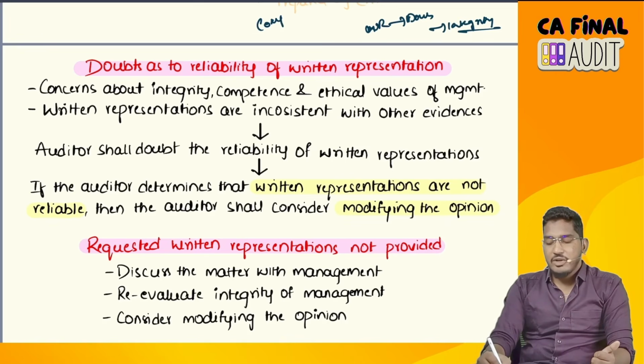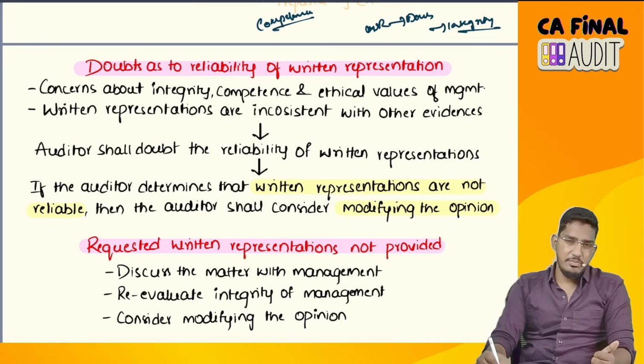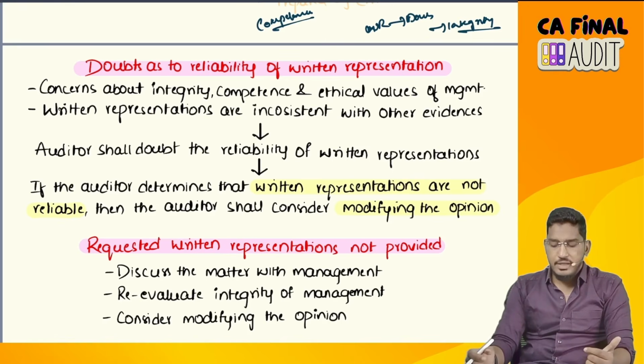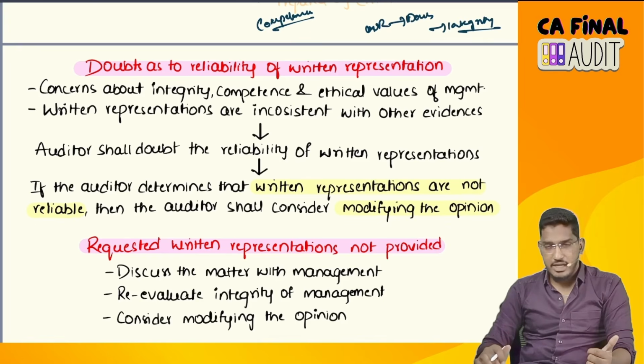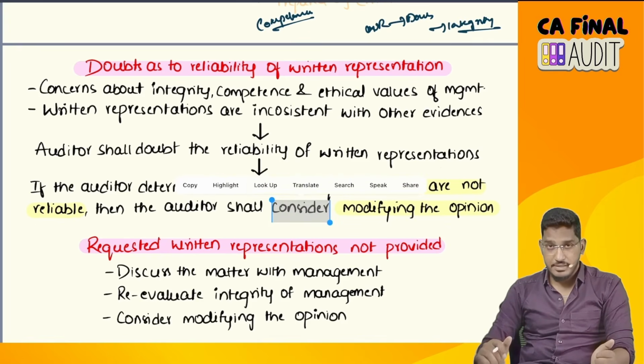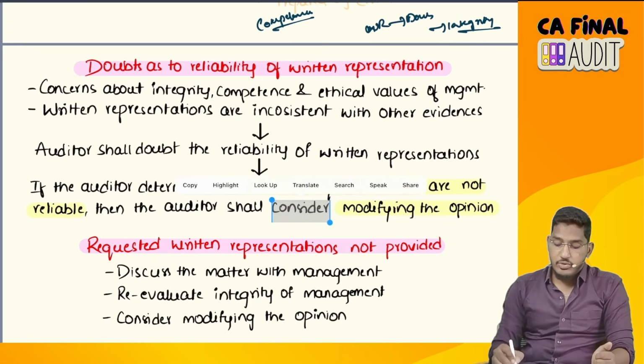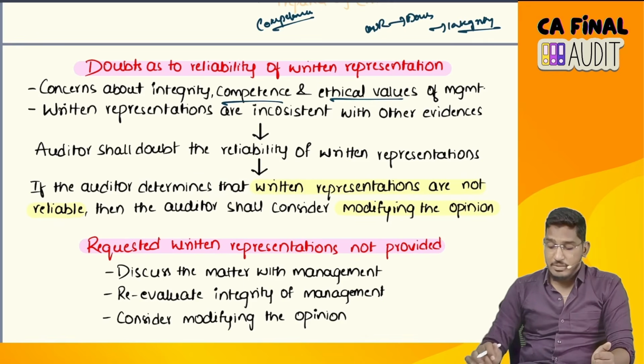Or when I have doubt regarding competence, I feel that management is not capable. They don't have the required knowledge of financial statements and all. So obviously I will have a doubt regarding reliability of financial information, reliability of written representation. So when you have concerns about integrity, competence and ethical values of the management, in those cases, I will have a doubt regarding reliability of written representation.